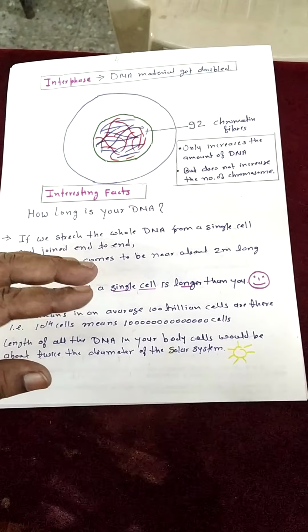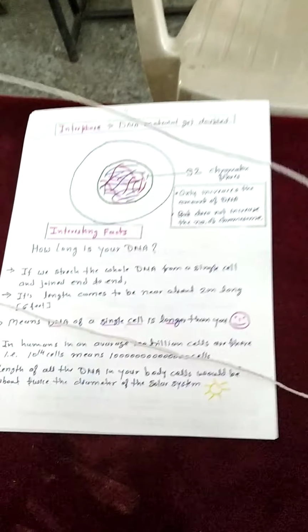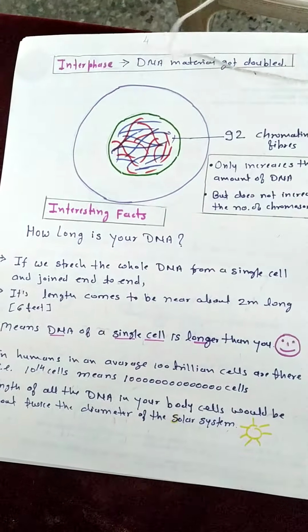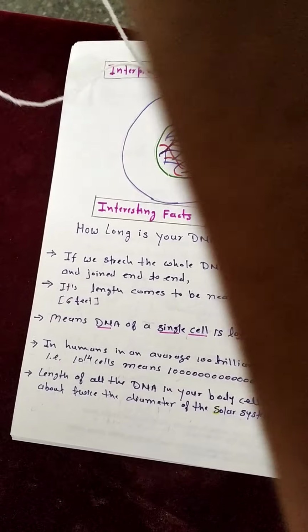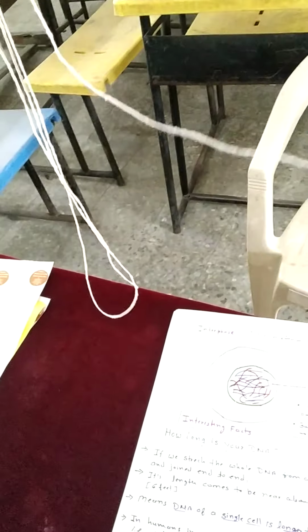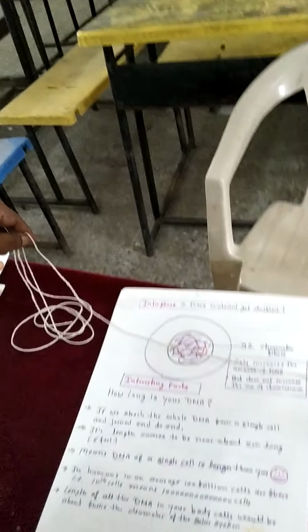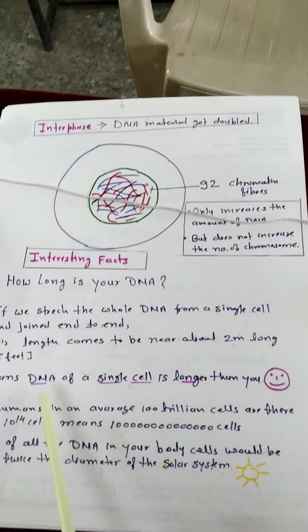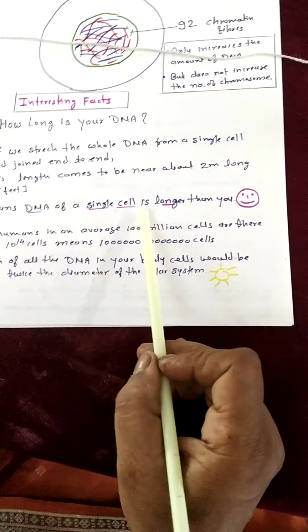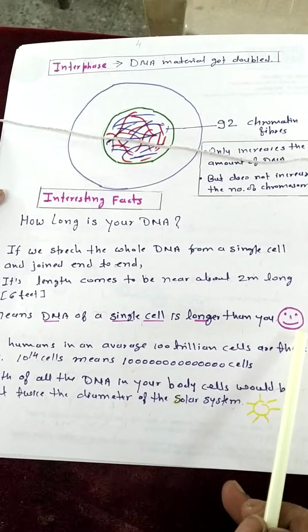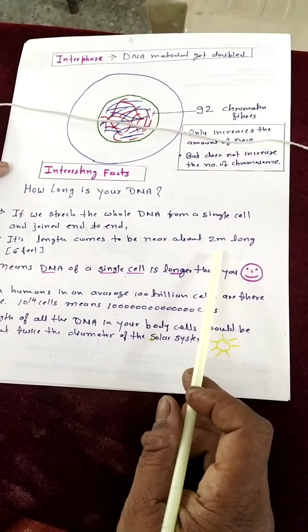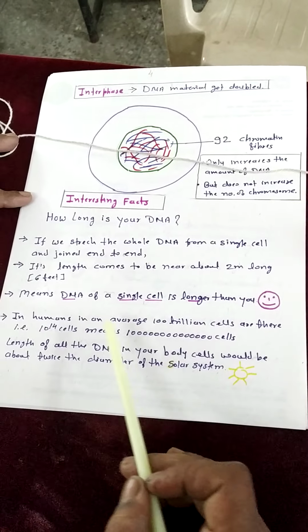So here this is the thread. It is 2 meters long. See how long it is. It means that the DNA of a single cell is longer than you. The 2 meter long thread means about 6 feet long.